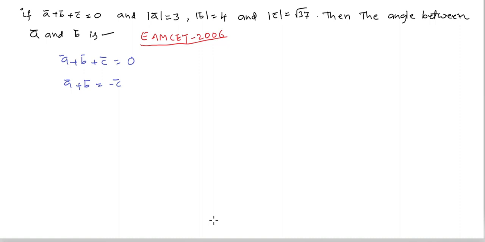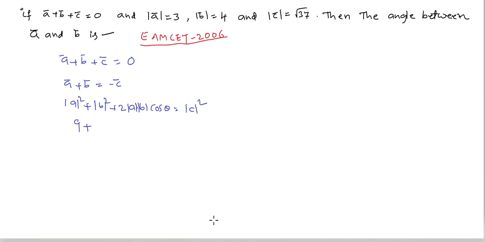Squaring on both sides, that is mod A square plus mod B square plus 2 A dot B, that is 2 mod A into mod B cos theta, is equal to mod C square. The value of A is given, that is 3, 3 square is 9.